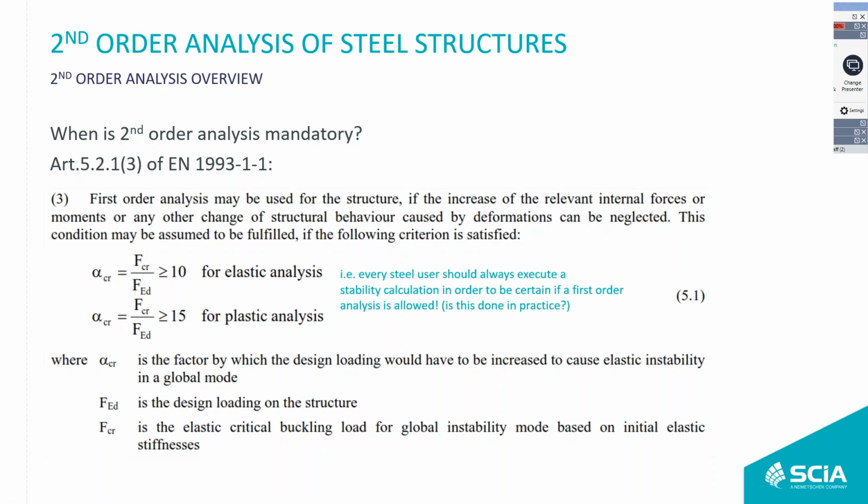Does every steel user always use a stability calculation before deciding whether he or she should proceed with a linear analysis or a non-linear analysis or a second order analysis? In fact, if you follow the Eurocode strictly, you are basically obliged to always do a stability analysis in order to get this value. And then you know.